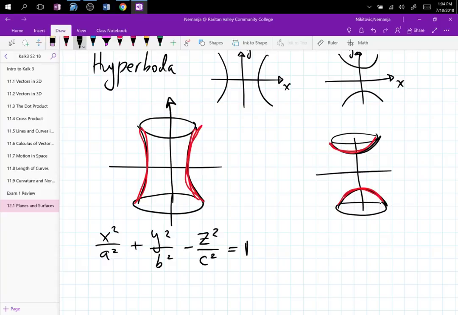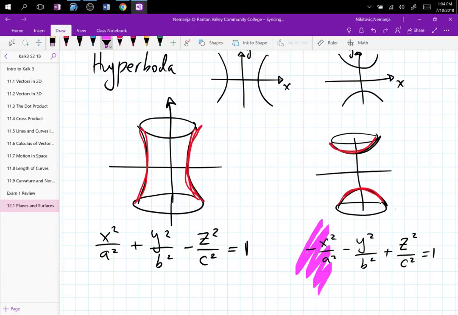On the other side, the bottom equation has the negative x squared over a squared and negative y squared over b squared plus z squared over c squared equals to 1. Same thing happens. If you kill x, you have one positive, one negative square, that's a hyperbola.